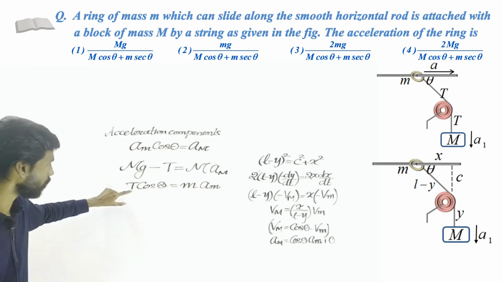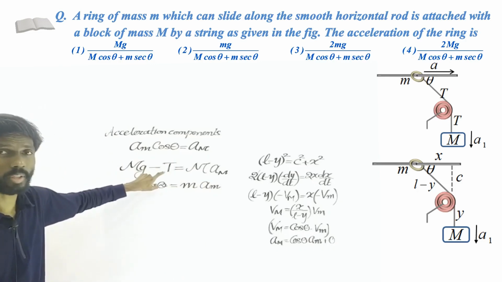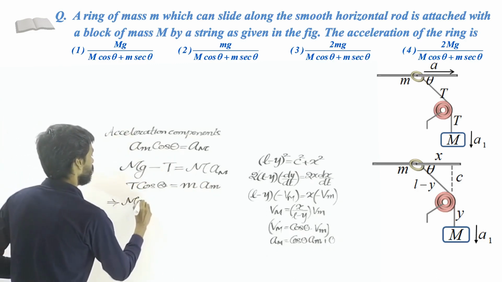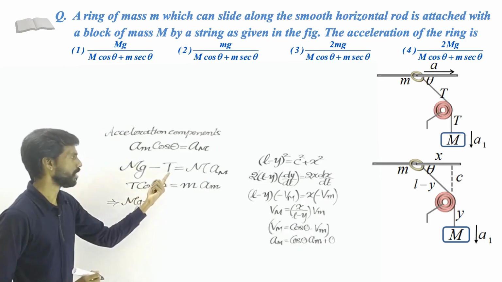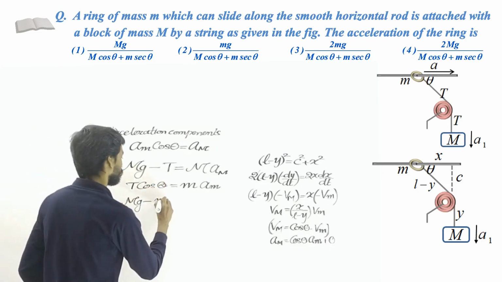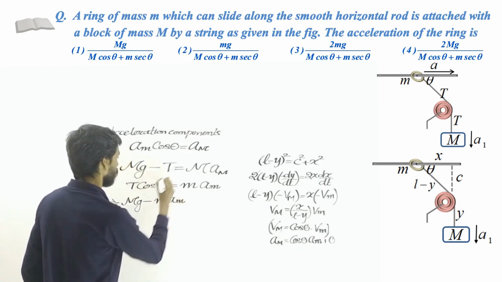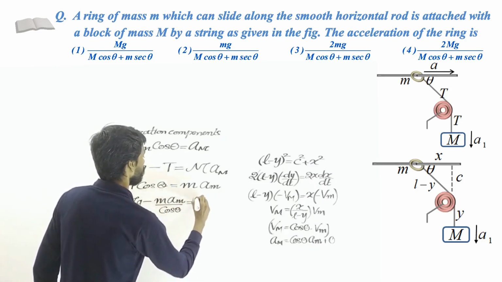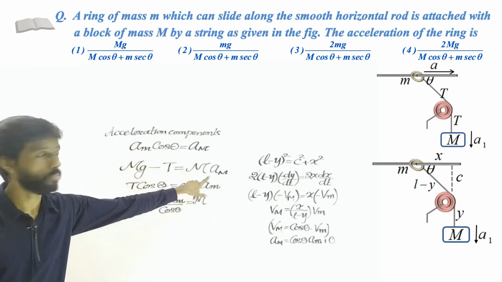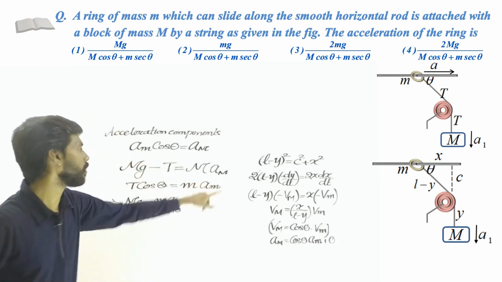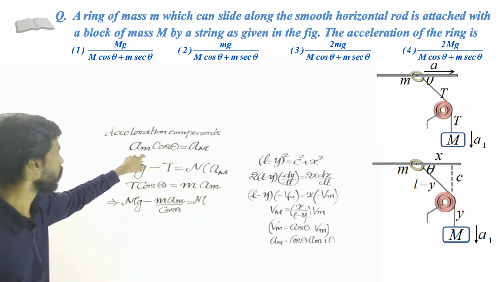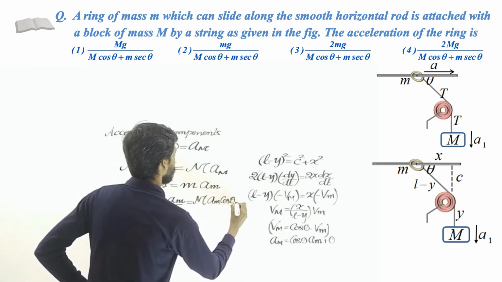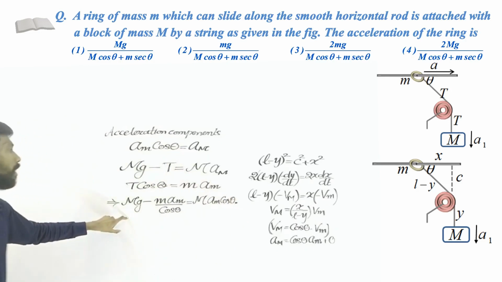Now let us simplify this. Let us substitute the value of T here in this equation, like we did earlier. So Mg minus T, where T is am divided by cos theta, equals M multiplied by AM. The acceleration of the block AM equals am cos theta. Simplifying, you get the required acceleration am.